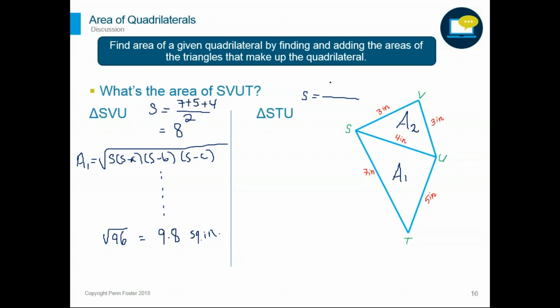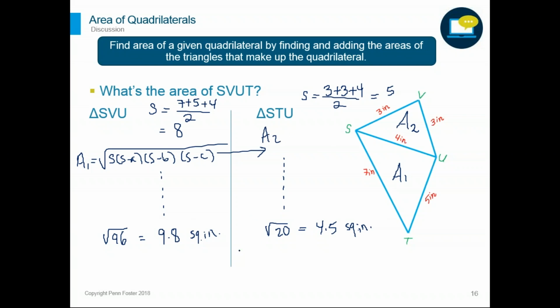Add the perimeter to find S, and then divide over 2. And that will give you 5. So your S now is a 5. Again, use the same formula. You're going to do the steps until you find that the square root of 20 will give you the 4.5 squared inches as the area number 2, which is triangle number 2.